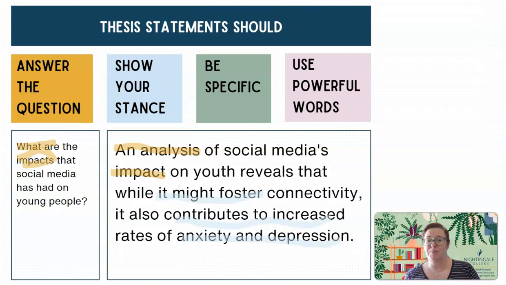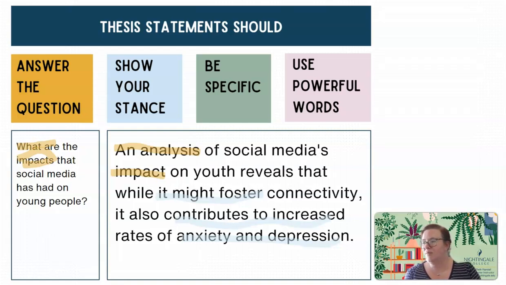We also want to be specific in our thesis statement. There are many ways to be specific, but the suggestion and advice I am going to give you is to make it clear what you are going to talk about in the different sections of your paper. Give each section or paragraph a keyword or phrase that you are going to use to talk about in this paper.